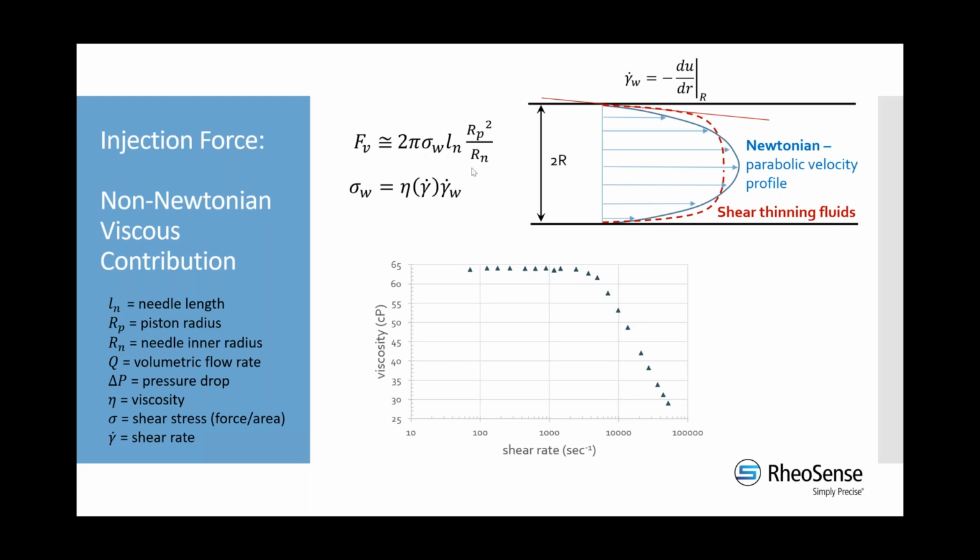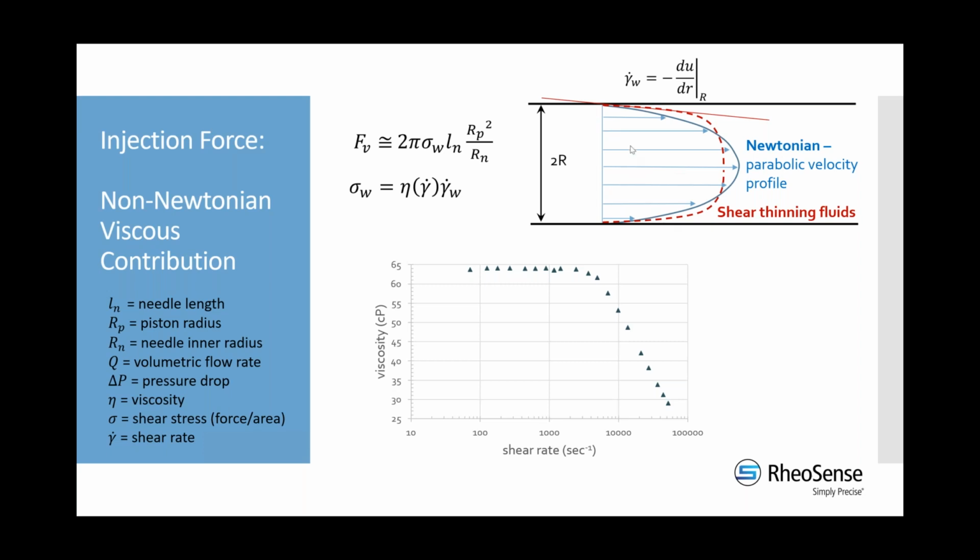What we need is some way to get the shear stress at the wall for our fluid flowing through our tube or our needle. For a Newtonian fluid, there's a well-defined parabolic velocity profile, which is how we calculate the shear rate, the gradient perpendicular to flow. Once we have something that's non-Newtonian, we have some sort of irregular shaped profile.